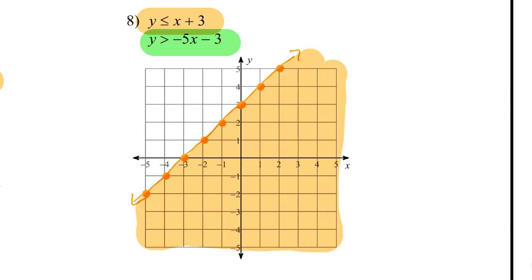Now the green one we need to do has a y-intercept of -3 and a slope of -5. That means I need to go up 5 and to the left 1. I could go down 5 and to the right 1, but that would take me off of the graph. So I go up 5 and to the left 1. So right there.